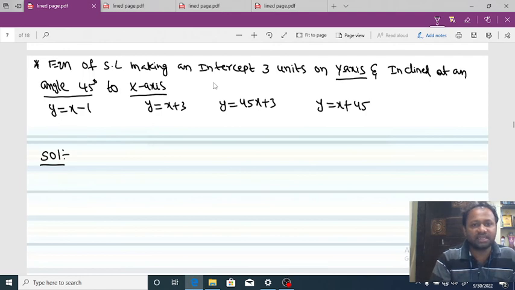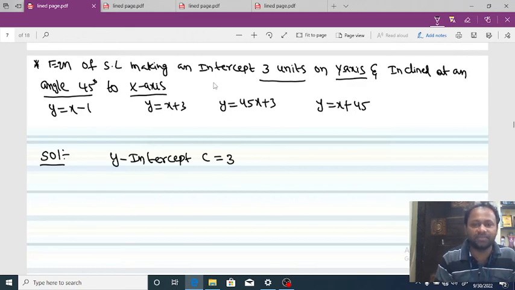Equation of the straight line with intercept 3 units on the y-axis means y-intercept. Is it correct? The y-intercept c value is 3.